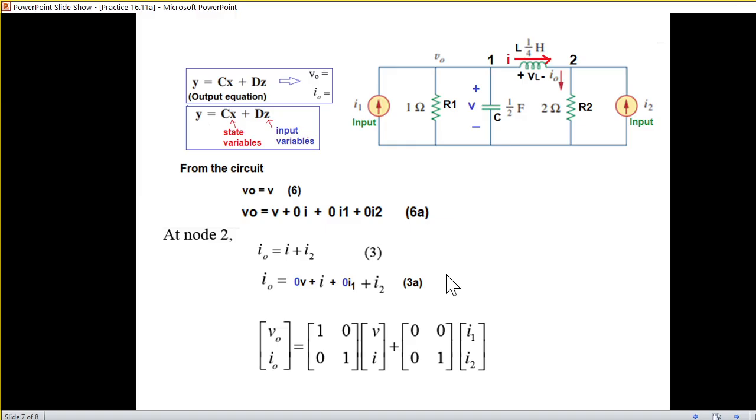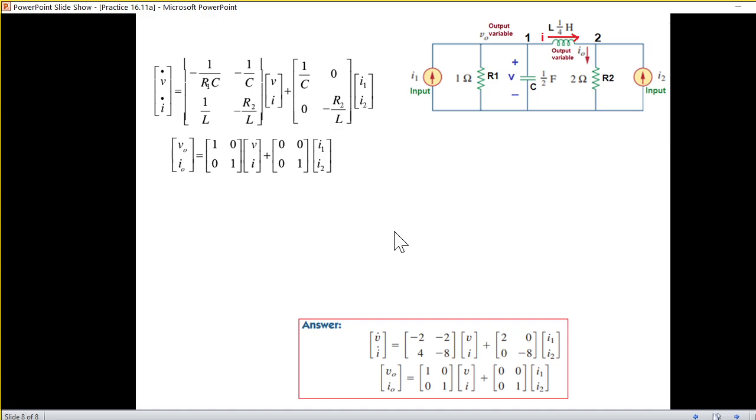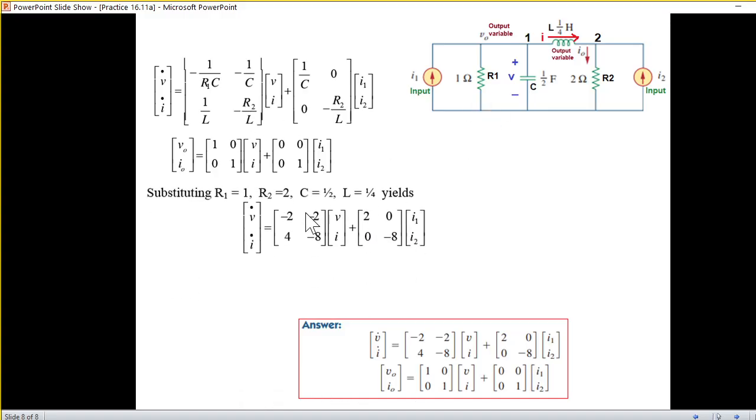So these are the two matrix equations that we have found. And now we can try to find the values. So we'll just plug in the values of R1, C, L, and R2, and the answer will be like this. I hope you can solve this, putting in the values of R1 and C here. And so this will be the answer.